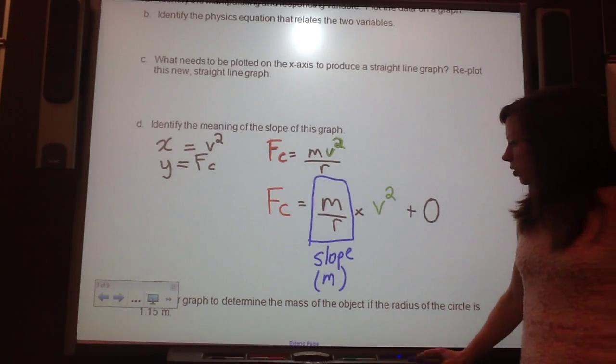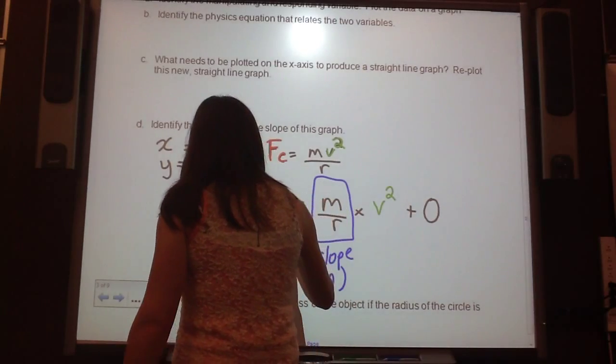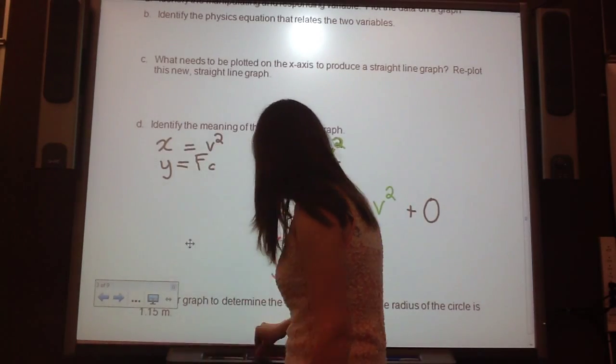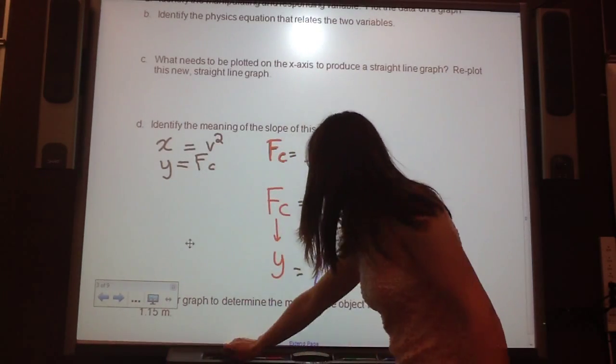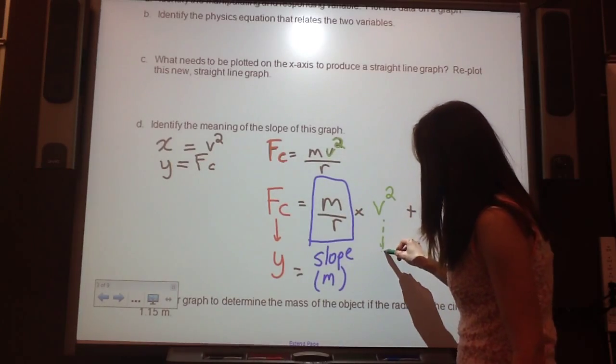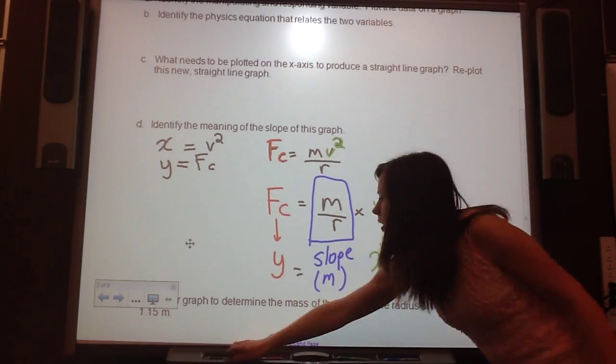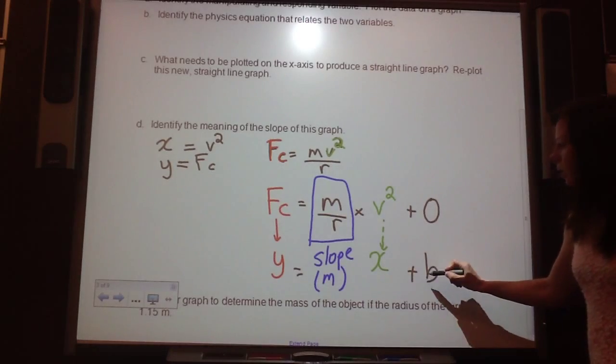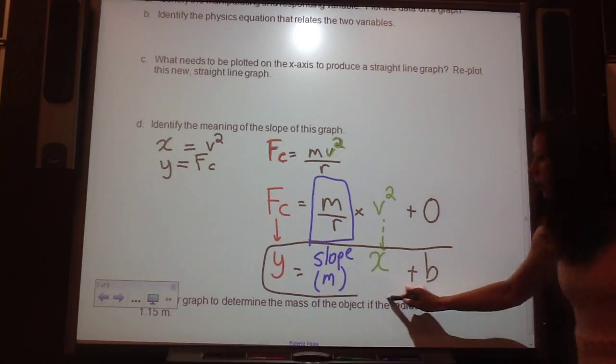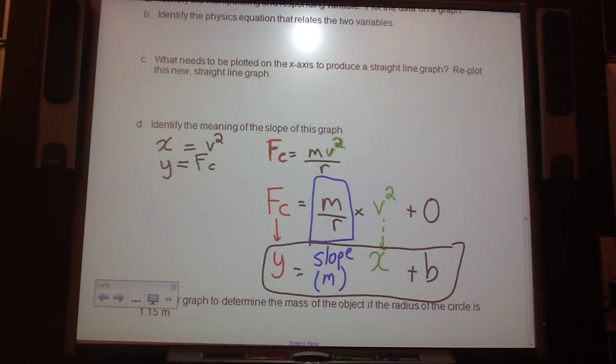Okay? So in here, this is y equals m. This is my x plus b. Okay? Y equals mx plus b.